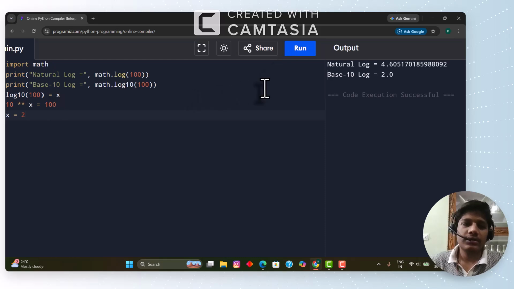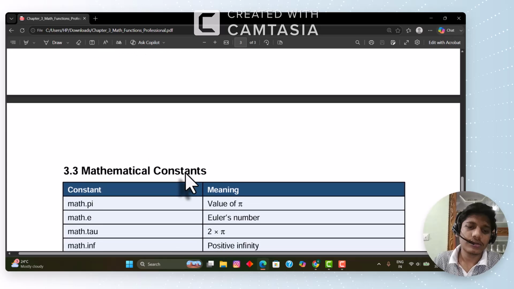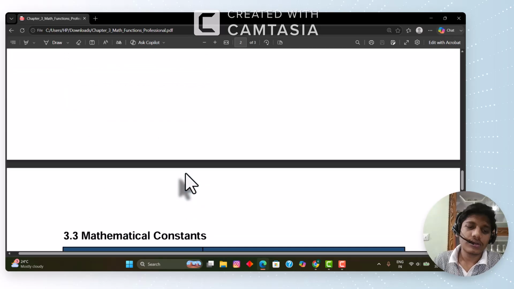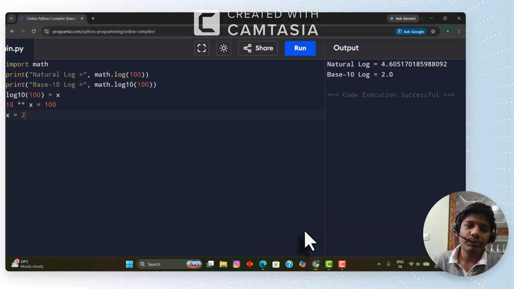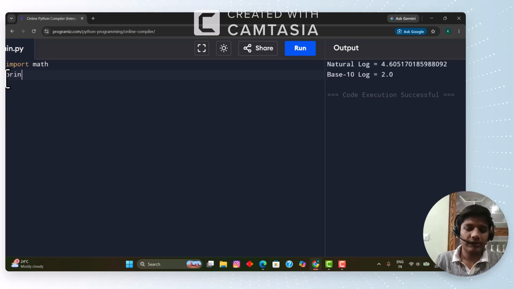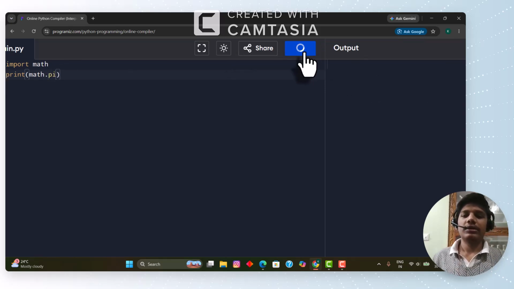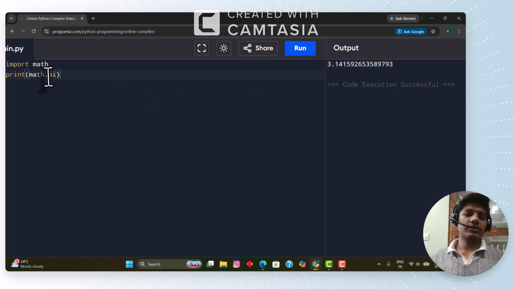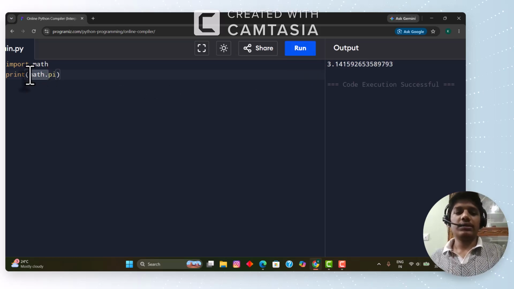And for these values of pi, if you want to print the values of pi and e, you have to use the same math dot pi. Okay, so when you run it, it gives the answer. Otherwise, if you remove math, the same thing happens here also.